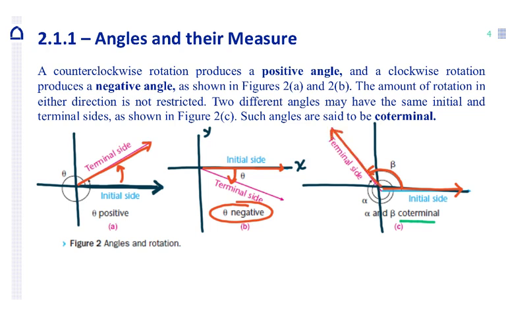We could have a separate angle, let's call it angle alpha, that starts on this positive x-axis, but instead moves in a negative direction and wraps around several times, but lands in the exact same spot. The terminal side matches up. These are two different angles, but the initial side and the terminal side line up. Those are called coterminal, when the initial side and the terminal side land in the same place.